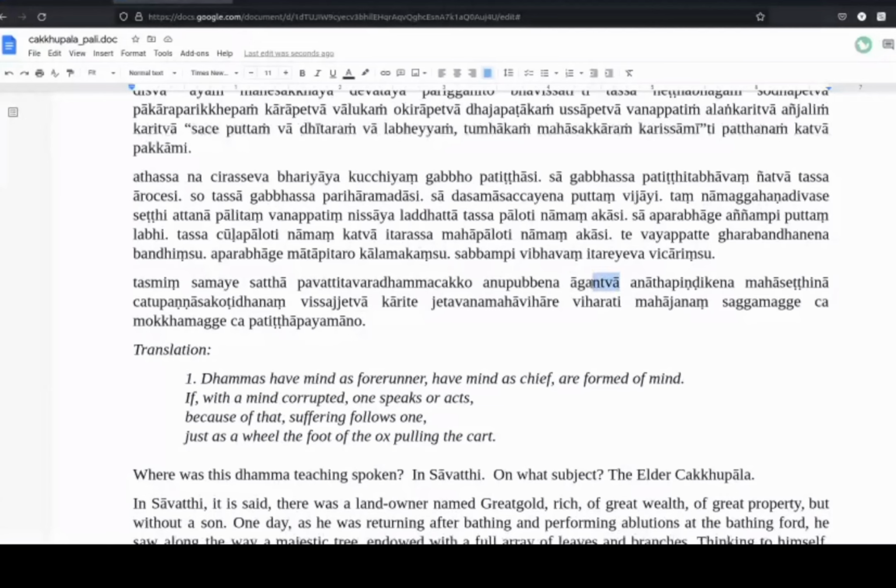So this is a gerund having come, or maybe having gone, we're not sure because this is coalesced. Having come... Yeah, I think having come makes more sense. Having come by stages or gradually, yeah. Anu and Puba. Anu means following the previous. So Anupuba means stage by stage, in stages, or gradually.